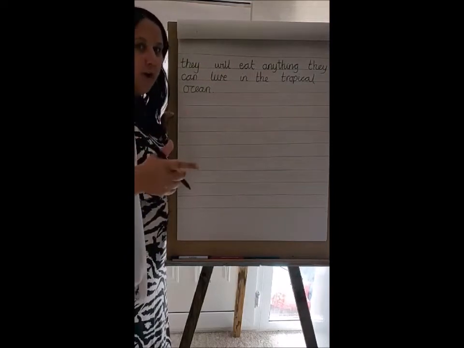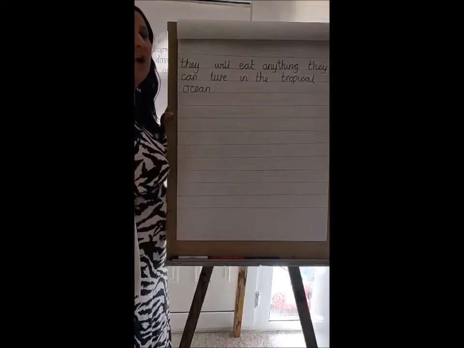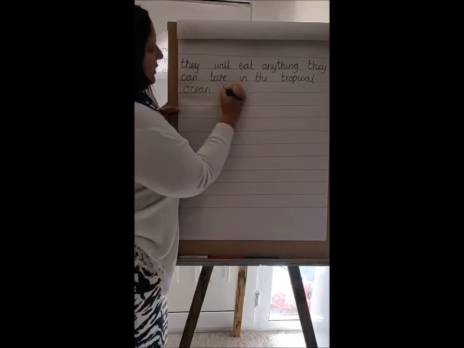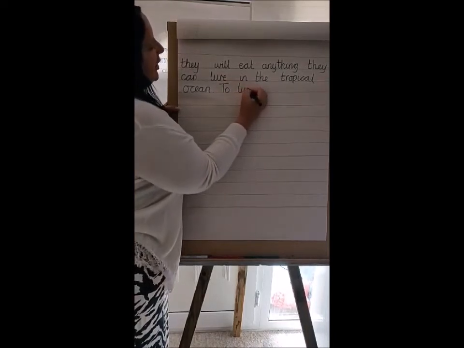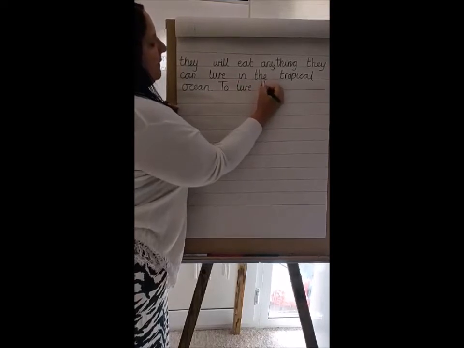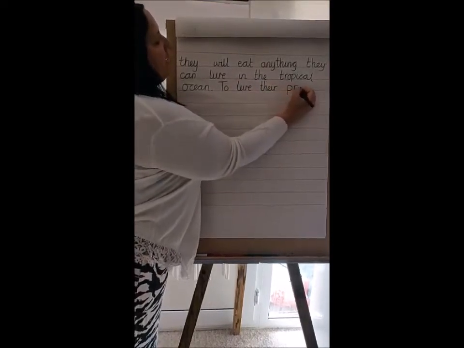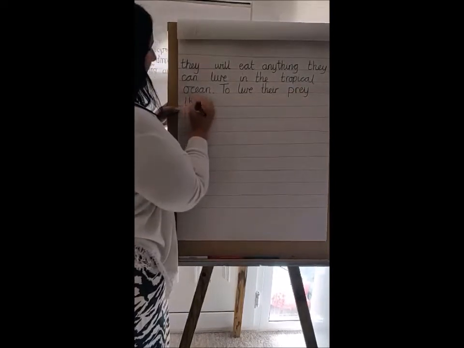To lure their prey, they use a bright glowing light. Okay, write that down. To lure their prey. Can you remember it?